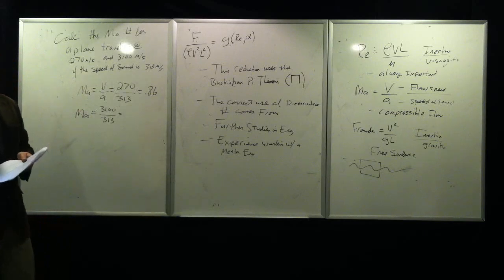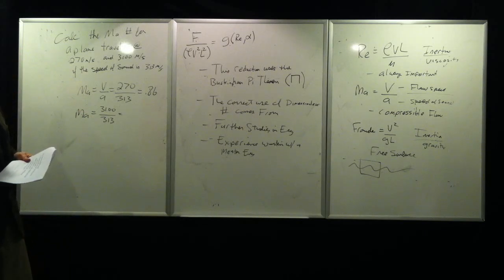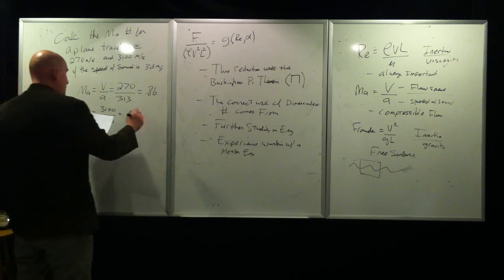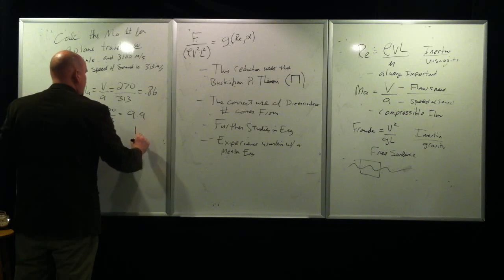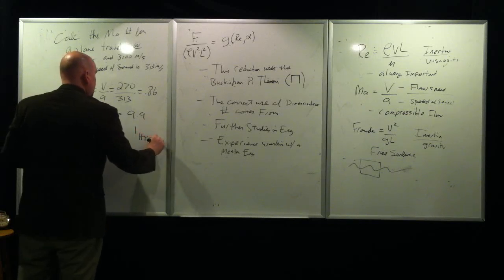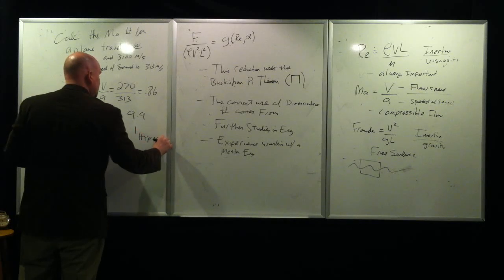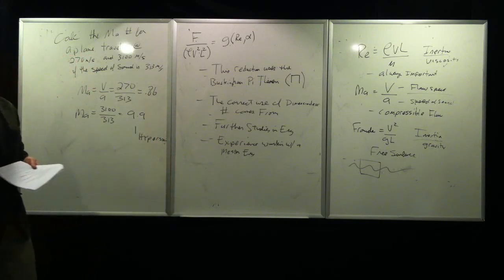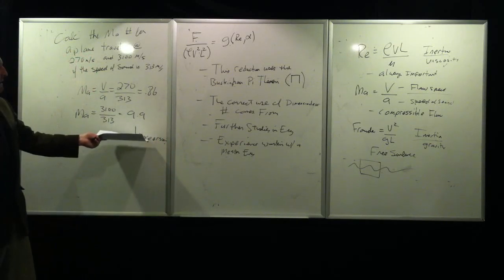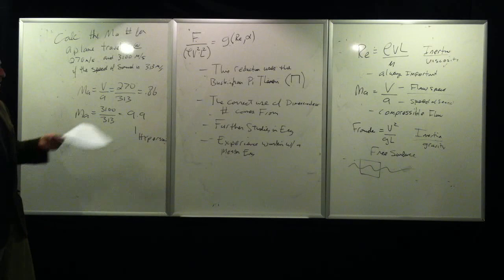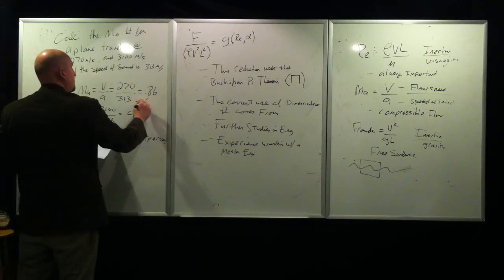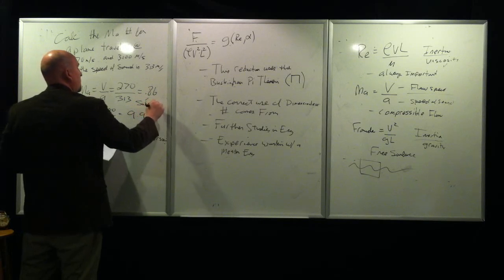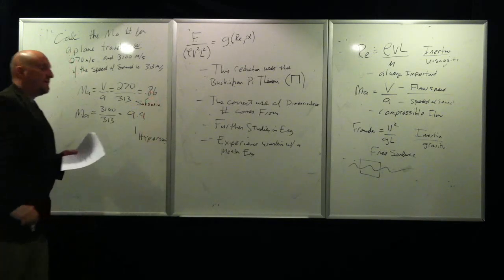If the plane is traveling, however, at 3,100 meters per second, and again the speed of sound is 313, the Mach number is 9.9. At 9.9, the flow is going to be considered hypersonic. 0.86 is going to be considered subsonic.